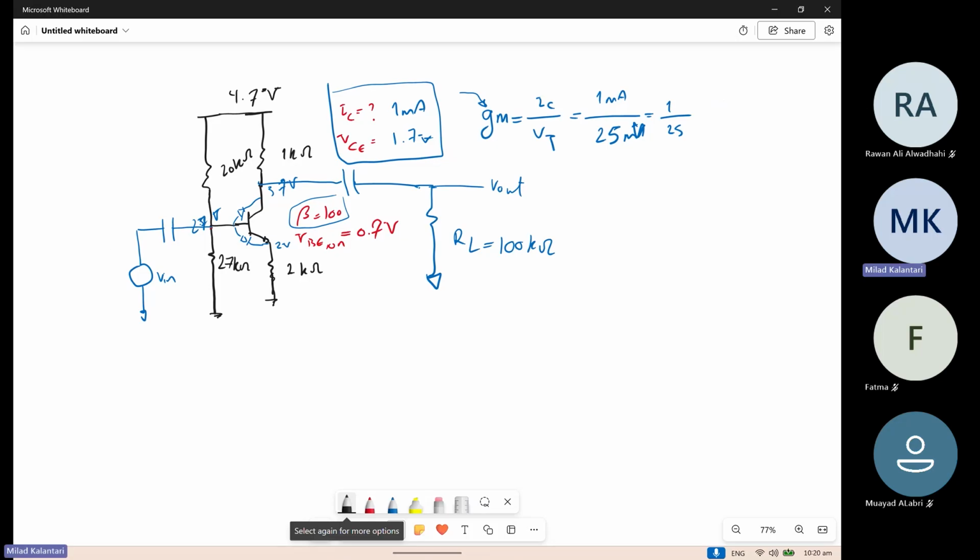So I just simplify it a little bit as the AC small signal model, right?